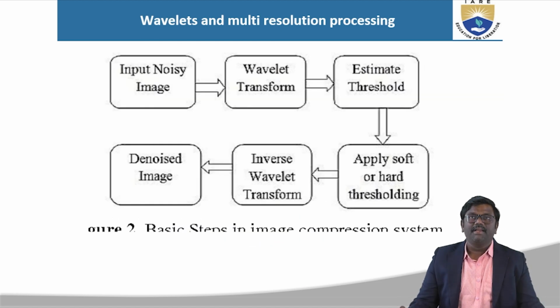So wavelet and multi-resolution processing is what we are going to concentrate on now, as in the previous class, where we discussed a simple image compression block diagram, understanding one block after another and how it functions as one of the functional blocks we have defined.